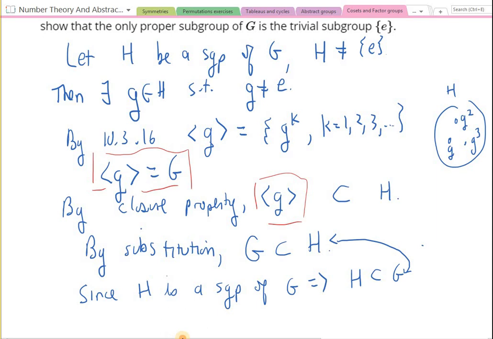I'm sorry, your connection is not very clear. What did you say again? Okay. So H was a subgroup of G that was not the identity. And you showed that H equals the orbit of g equals big G.